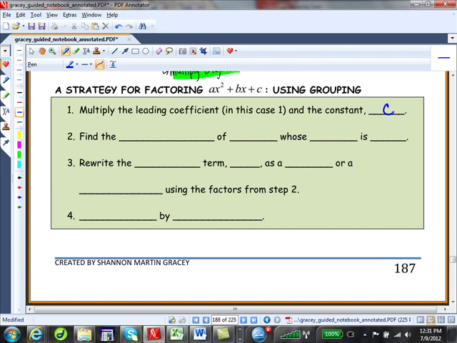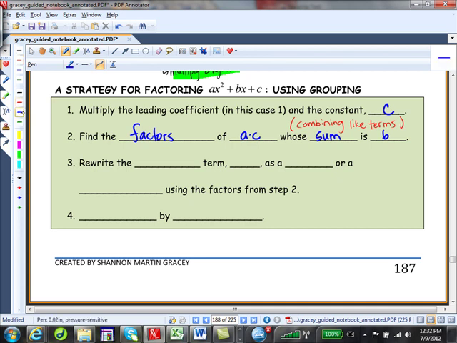So you just have to adapt. Find the factors of a times c whose sum is b. So when they say sum, what they mean is the result of combining like terms. So when you combine like terms, your coefficient to that is b.